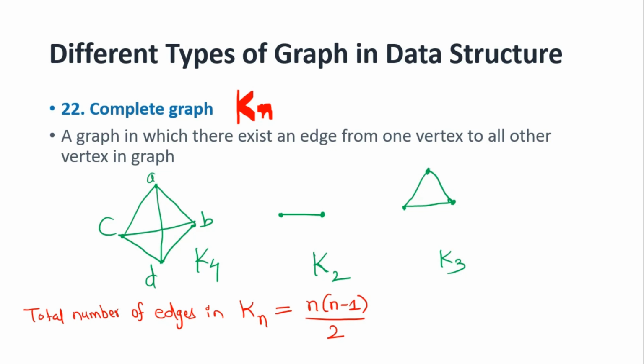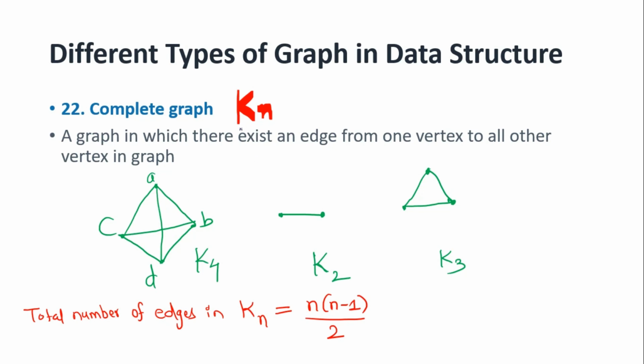Complete graph. A graph in which there exists an edge from every vertex to all other vertices is called a complete graph. For example, in this graph I am having 4 vertices. Every vertex is connected to each and every other vertex in the graph. This graph is called a complete graph.